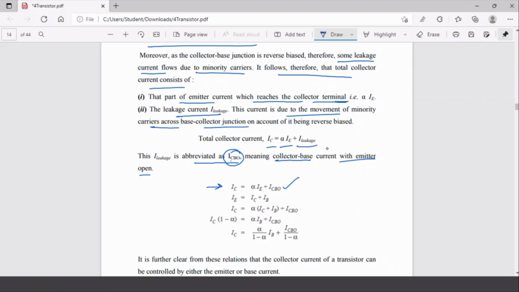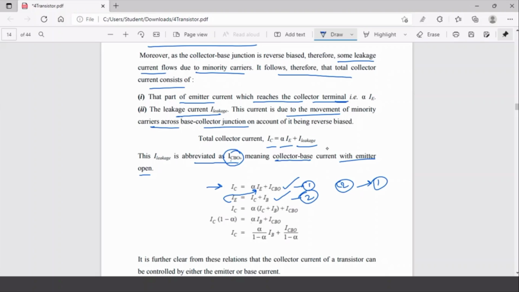And from our initial equation, we know IE is equal to IC plus IB. If this is the first equation and this is the second equation, we put the second equation in the first. So IE is put here. We get IC equal to alpha into (IC plus IB) plus ICBO.